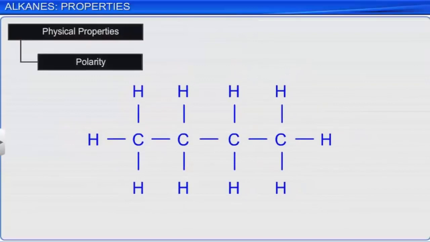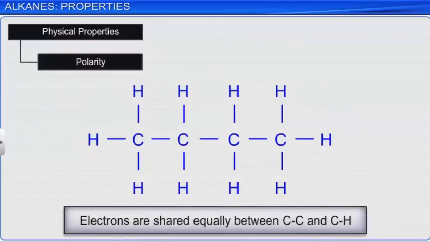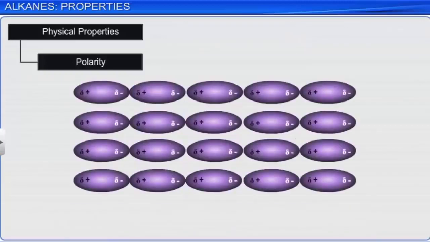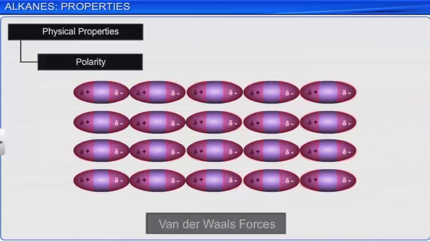These bonds are covalent, and the electronegativity difference between two carbon atoms or between carbon and hydrogen is almost negligible. Hence, the molecules formed are non-polar. This is why the only attractive force acting on these molecules is the weak van der Waals force.